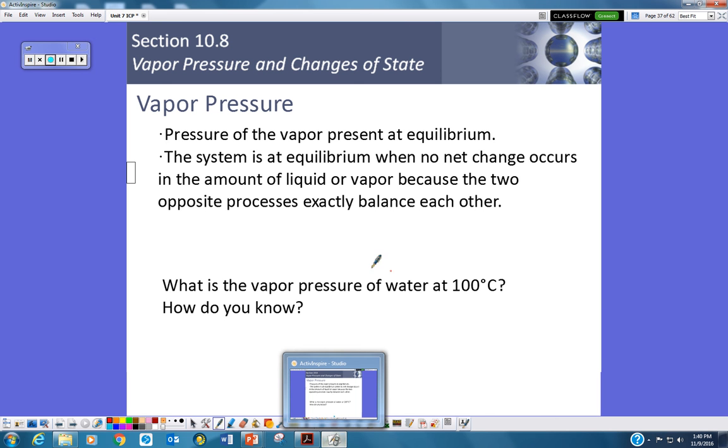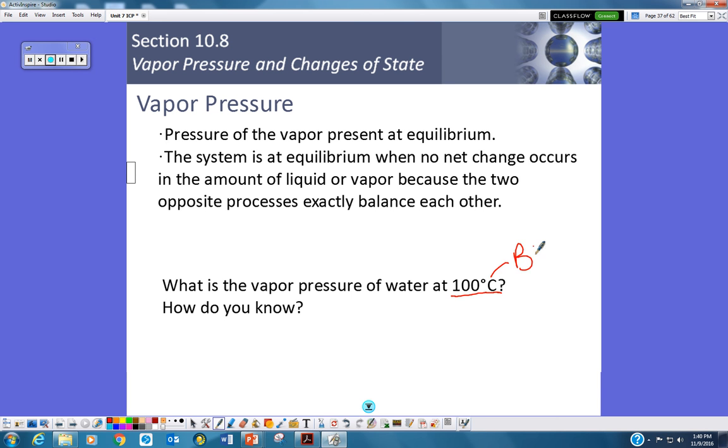So the question that we might see is, what is the vapor pressure of water at 100 degrees Celsius? So what do we know that's happening at 100 degrees Celsius in water? That is the boiling point. So what is it doing at 100 degrees Celsius? It is vaporizing.